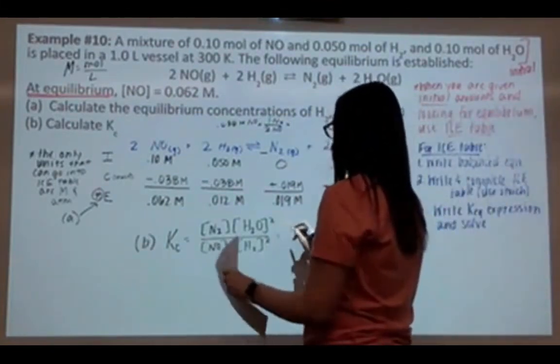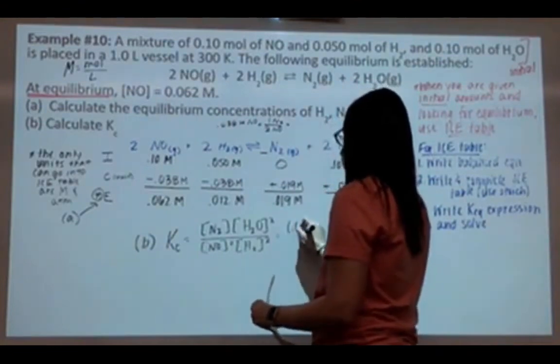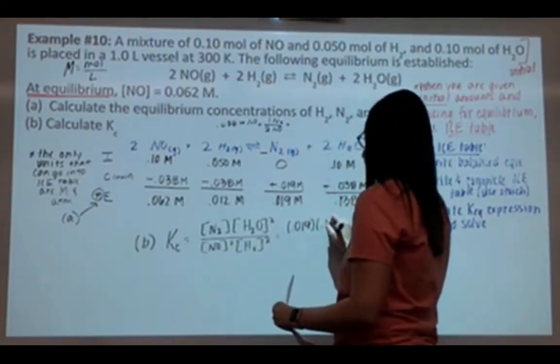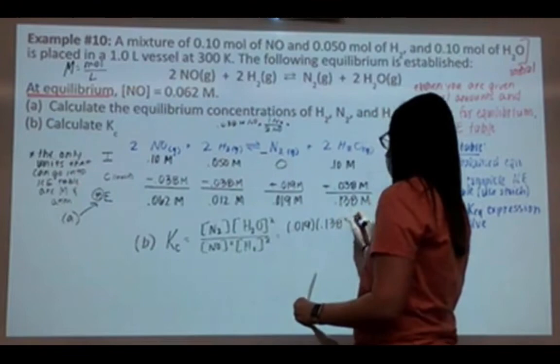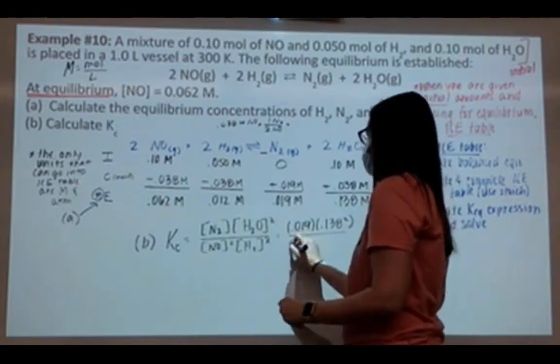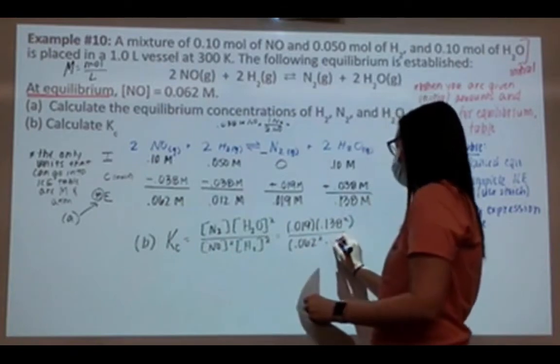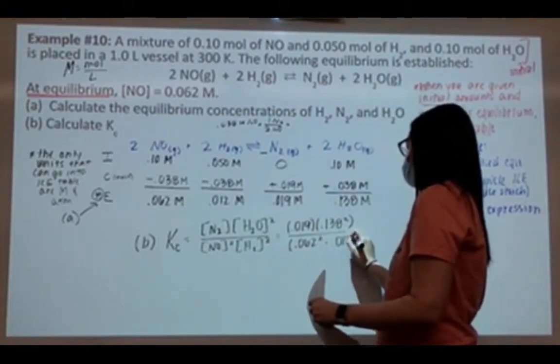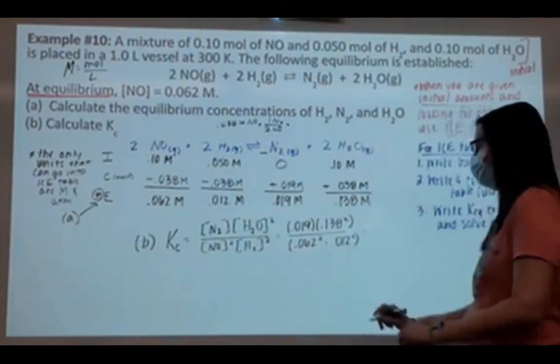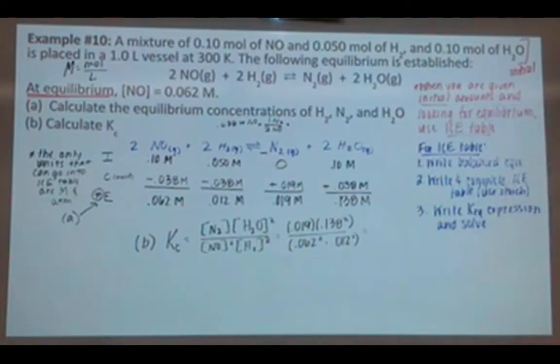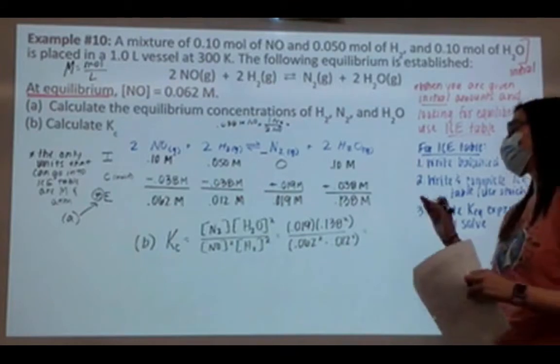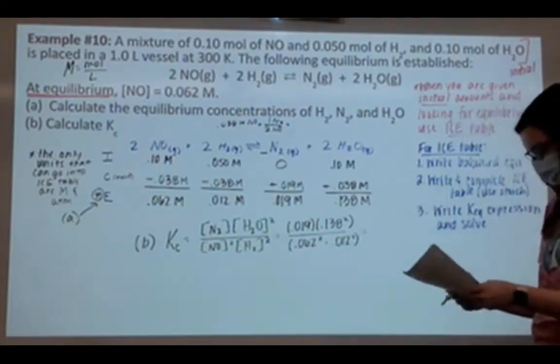So when we plug in all of our values, N2, H2O, NO squared, and H2 squared. Again, make sure your math is also, you're doing parentheses on the bottom, or you're solving them separately.